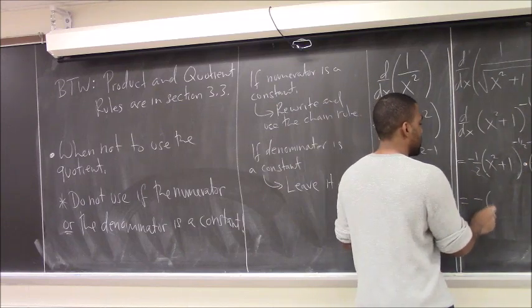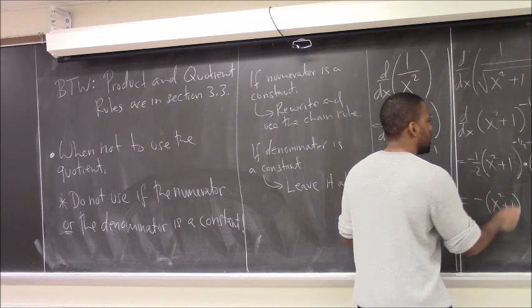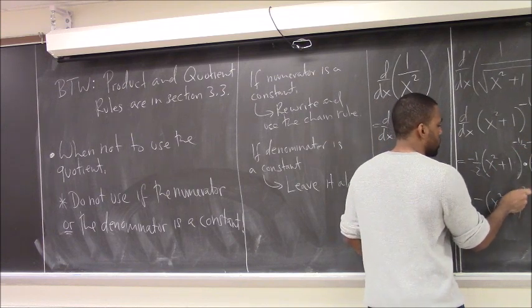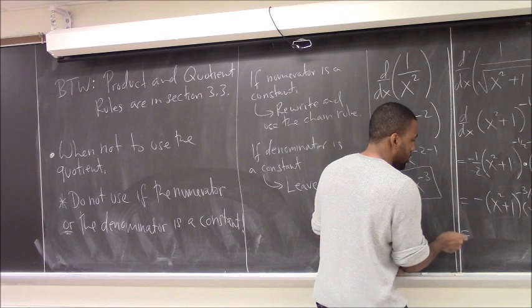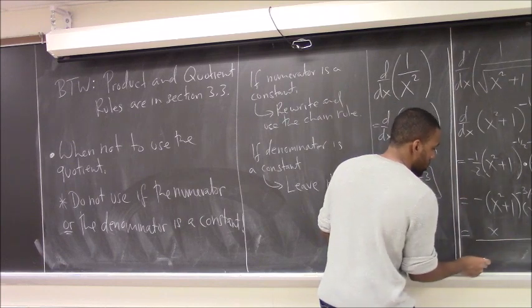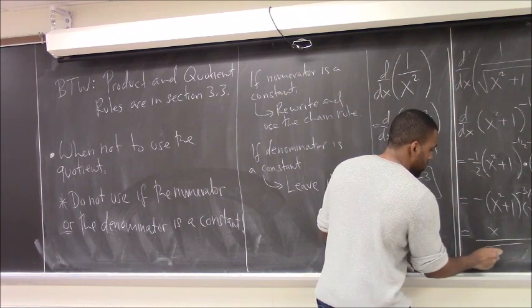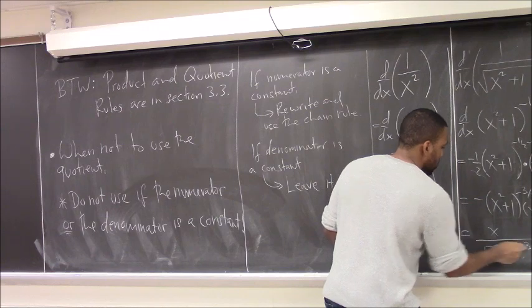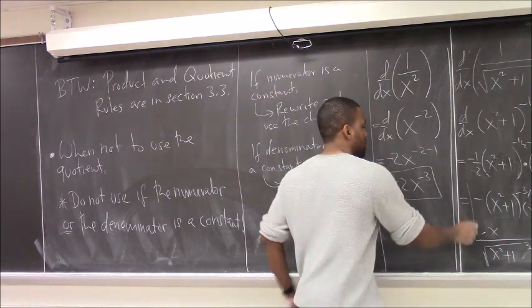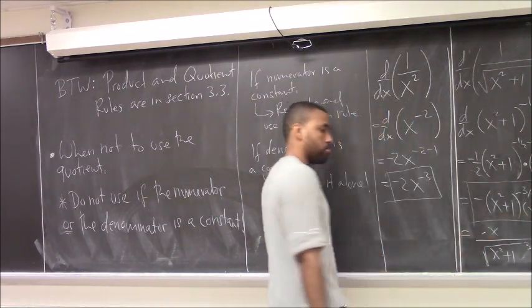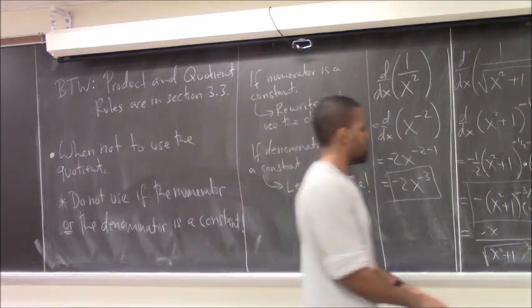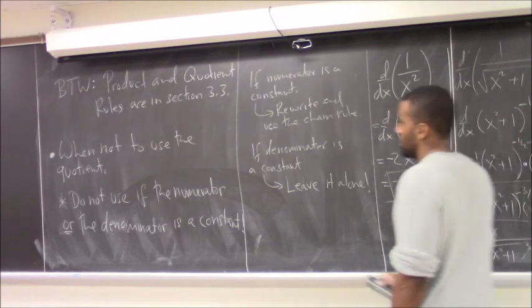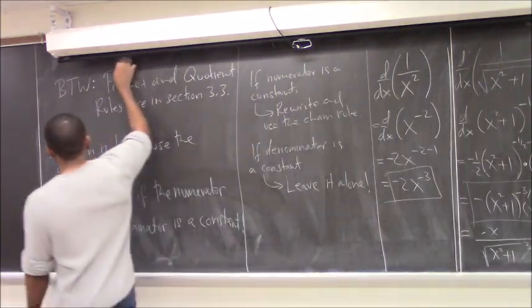So I get minus x squared plus 1, minus 1/2 minus 1 is minus 3/2, times x. Or if you want, you can write x over the square root of x squared plus 1 cubed. But that's fine. It's a lot nicer than using the quotient rule.